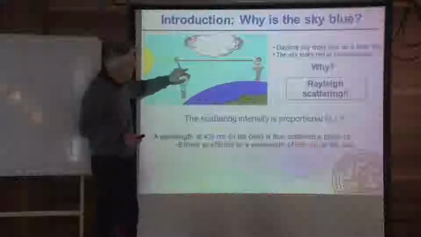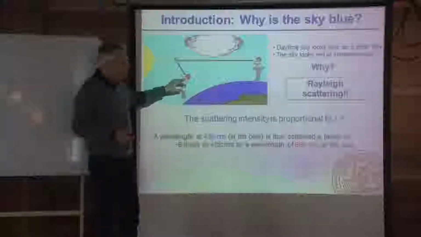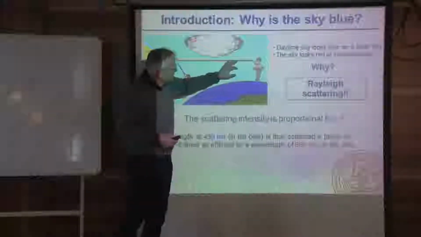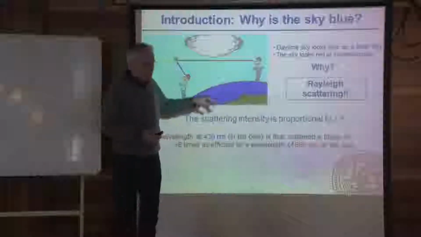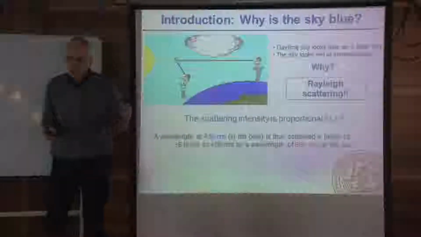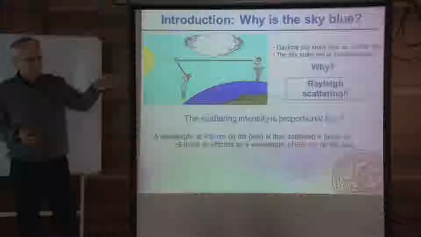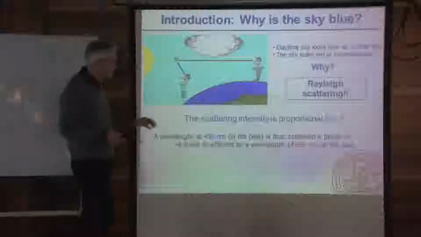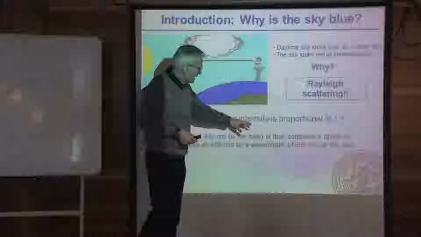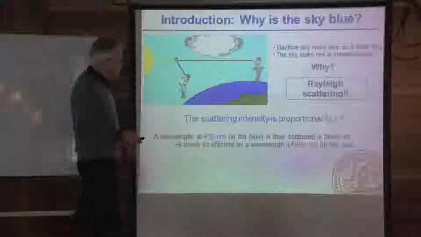If the blue light is scattered when you have a long distance in the evening, then the red remains. That's why when you look at the sun, it looks red. So this is purely dependent on the Rayleigh scattering.